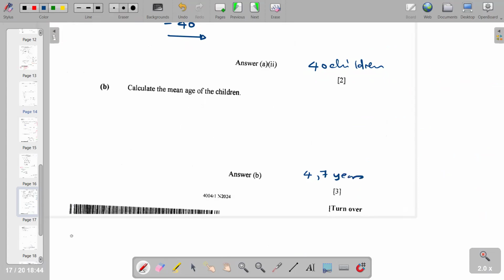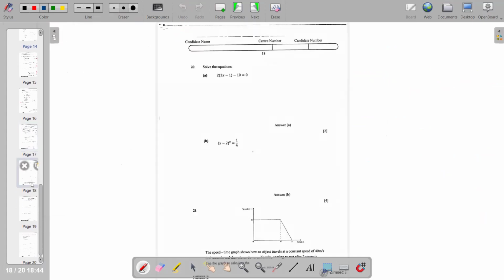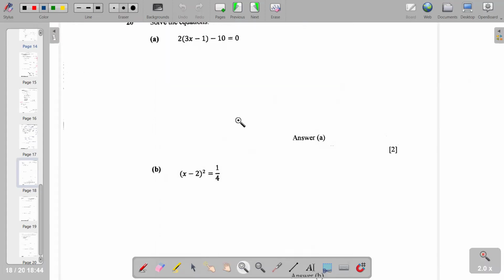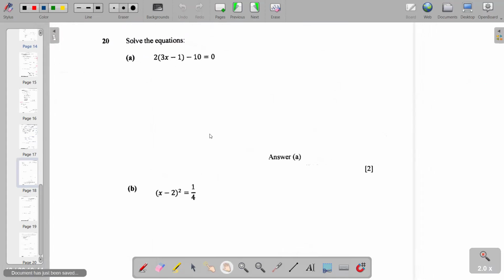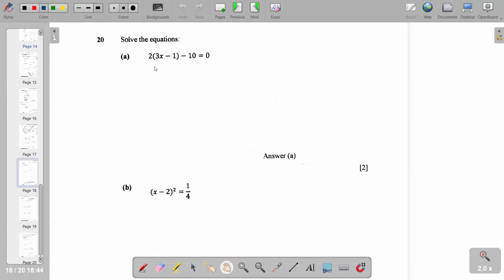Then we go on to the next question. They are saying solve the equation. We are required to solve the given equation there. So to solve the given equation, we are going to remove brackets.